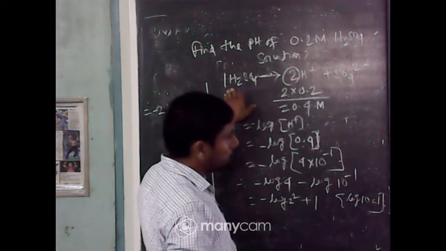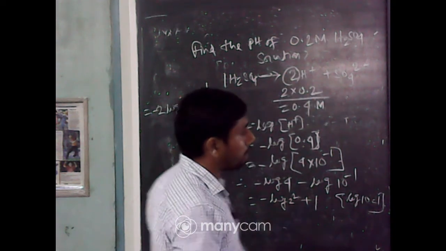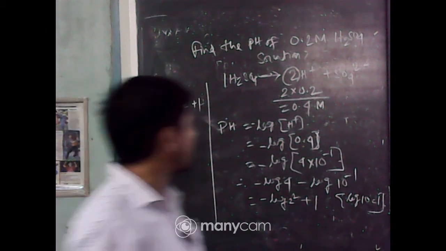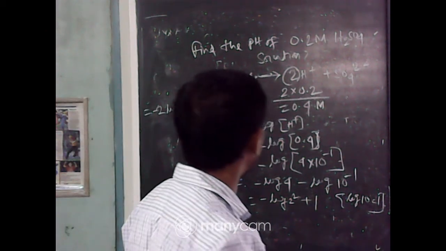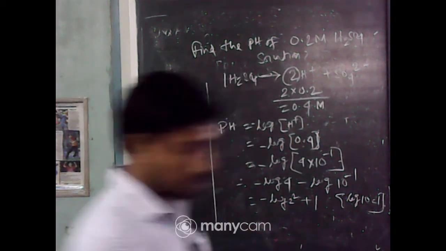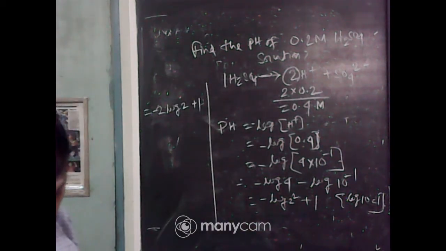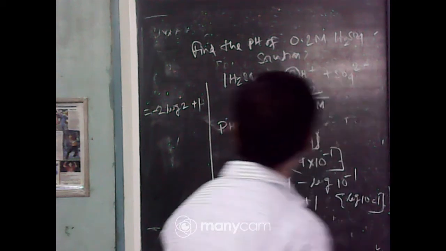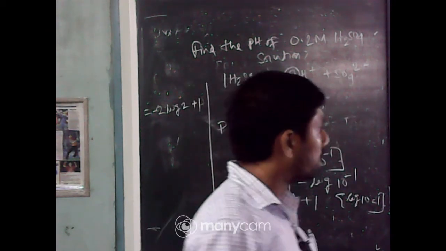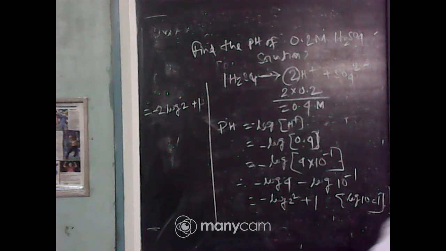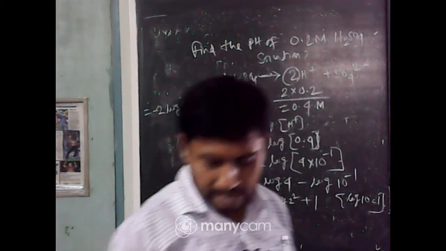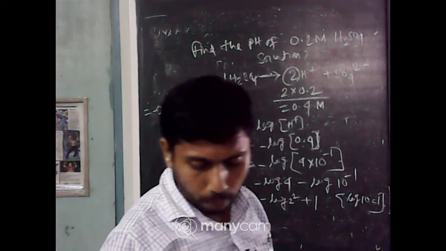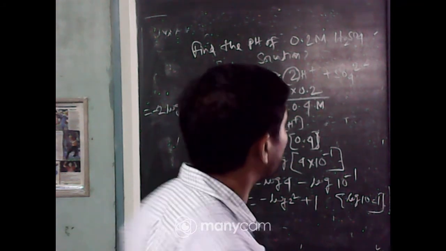So, as 2 hydrogen atoms are here, the concentration of H plus is multiplied by 2 for the numerical coefficient. 0.2 is given. The problem tells to calculate the pH value of 0.2 molar H2SO4. It is given in the statement.